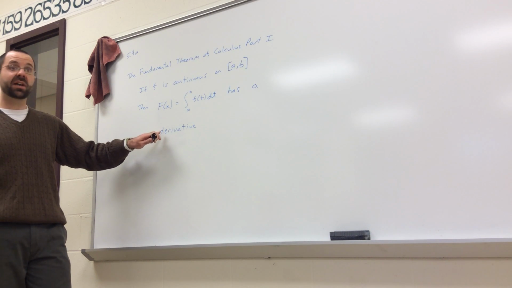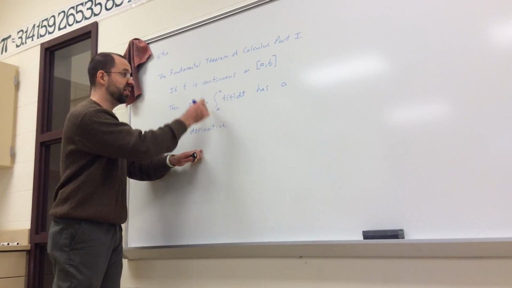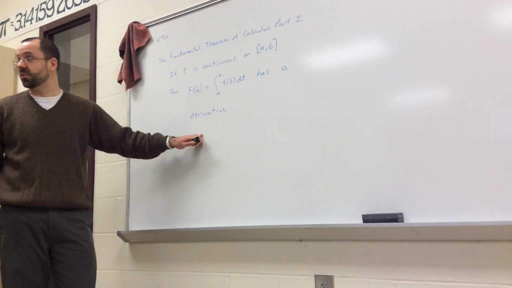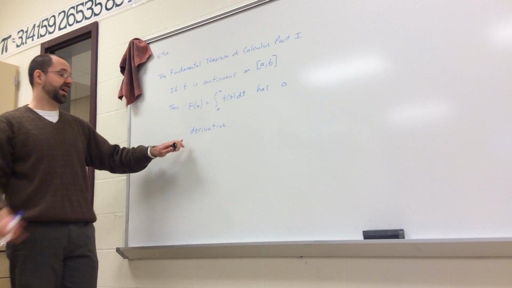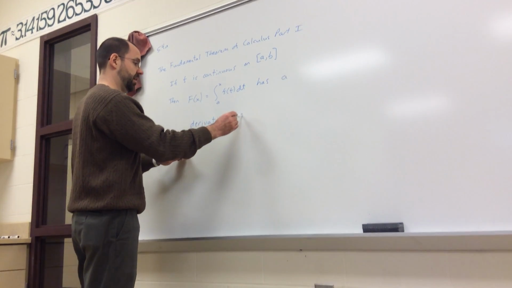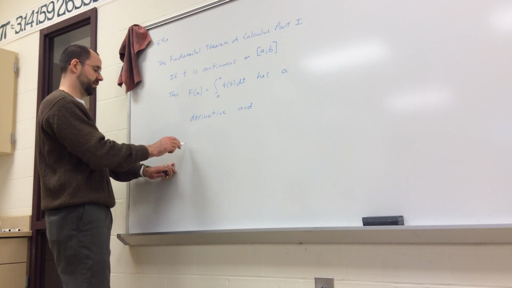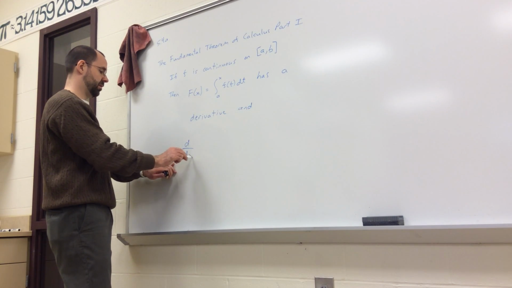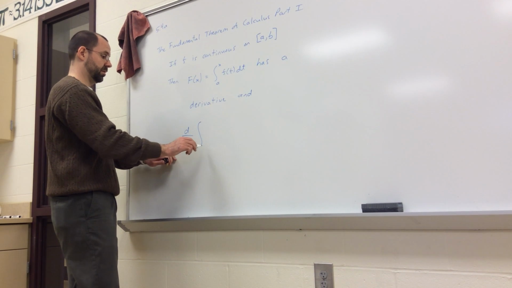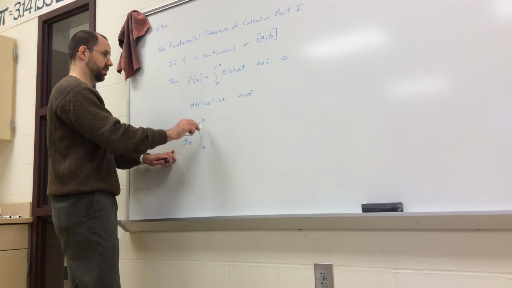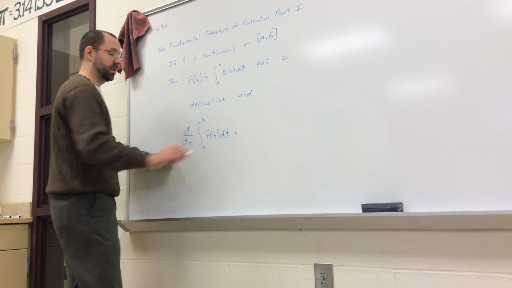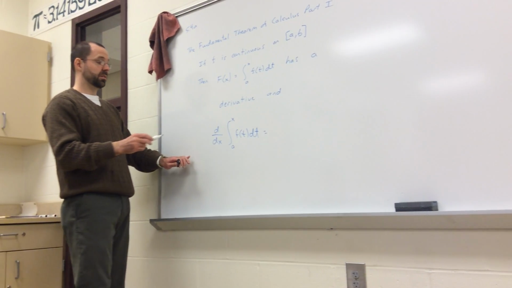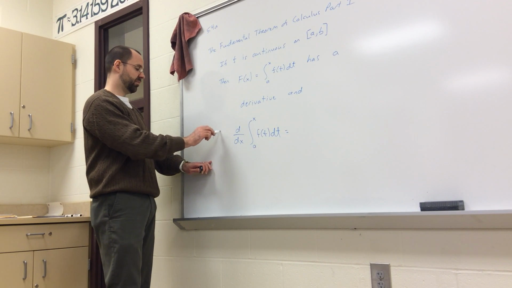So we're going to learn how to take the derivative of this mess, how to take the derivative of this capital F. So it has a derivative, and what the derivative is, so I'm trying to figure out capital F prime.